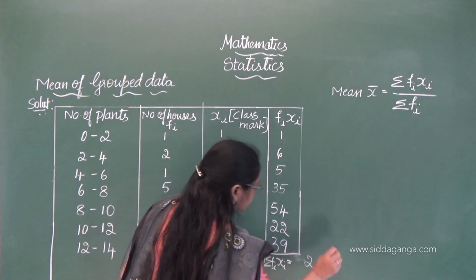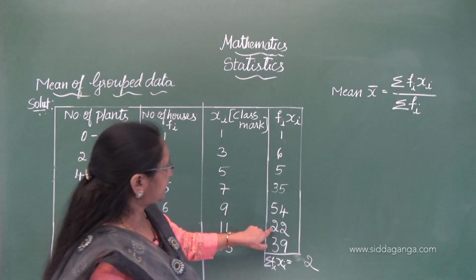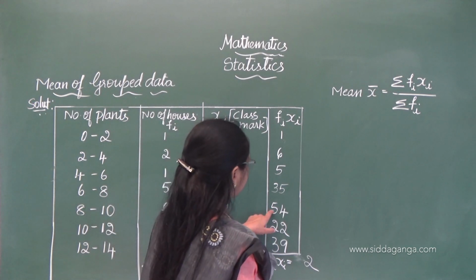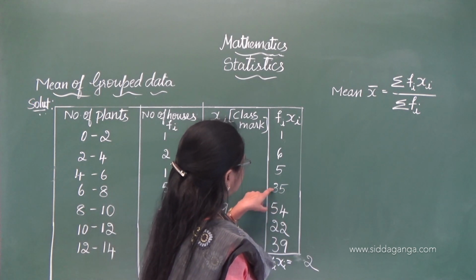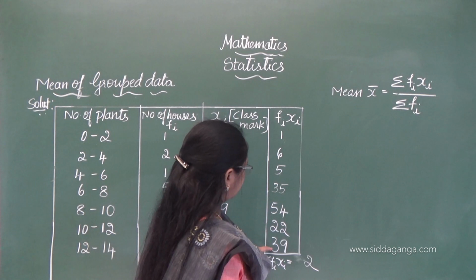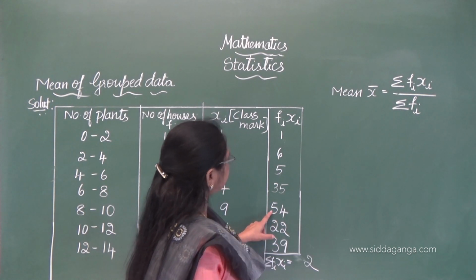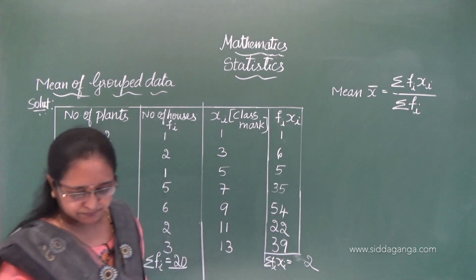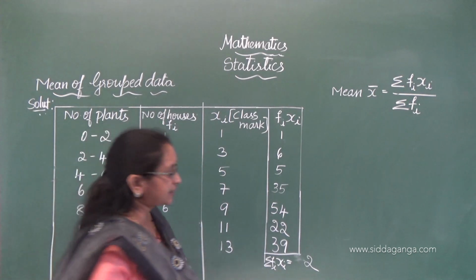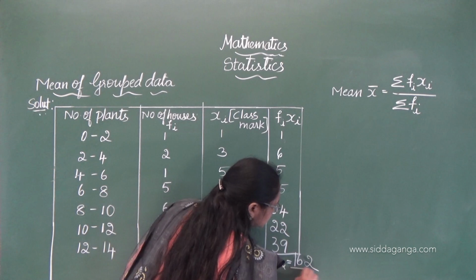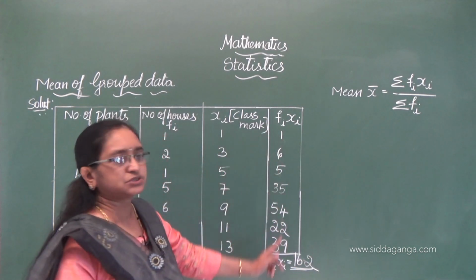Then 1, 3, 6, 7, 8, 9, 10, 11, 11 plus 5, 16. So we got 162, the total.